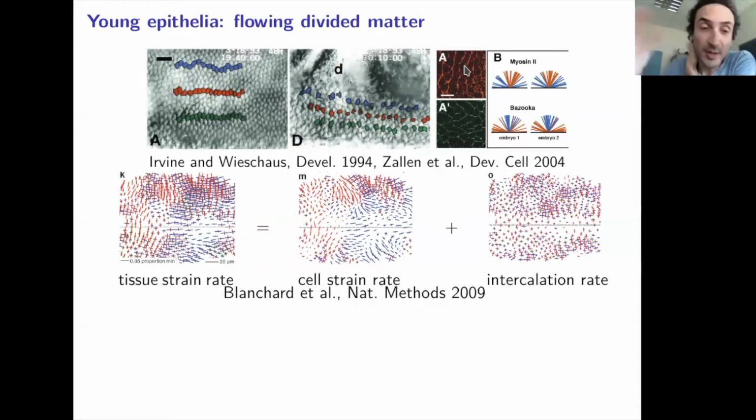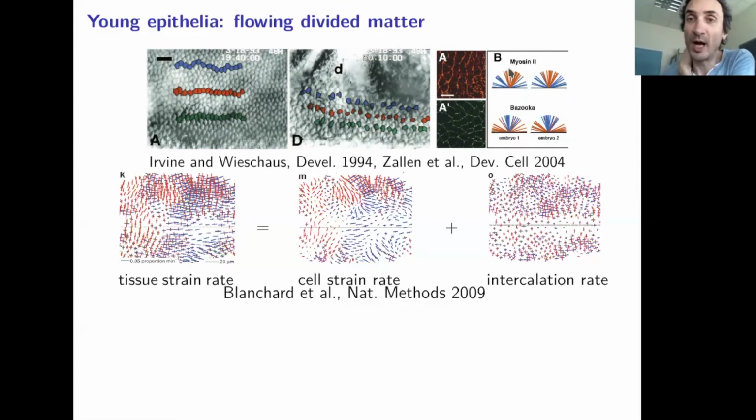So indeed we have an approach, and that was the standard approach for years, of looking at it as a surface flow. And this surface flow is driven by myosin, as you would have expected, given the introduction. In this region of the embryo, you could guess that the myosin is mostly along the edges of the junctions of cells, which are shown vertical here, so DV orientation, and there is much less myosin along the AP horizontal direction.